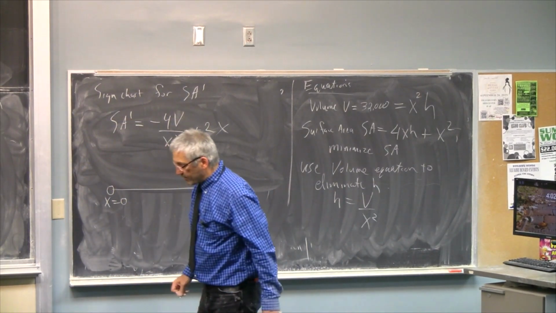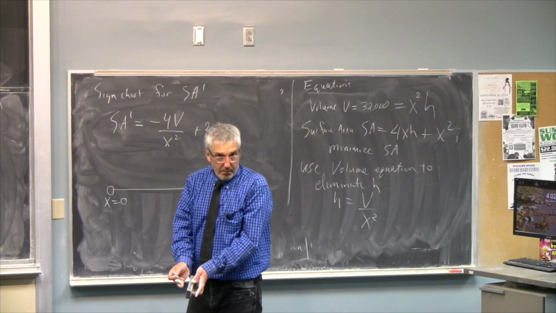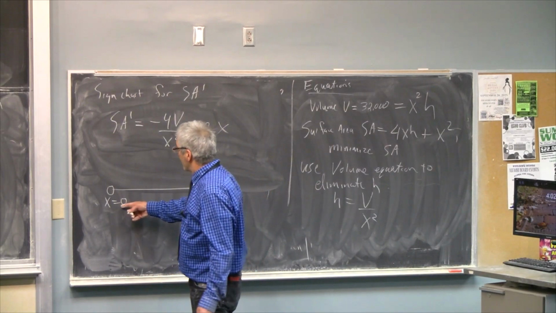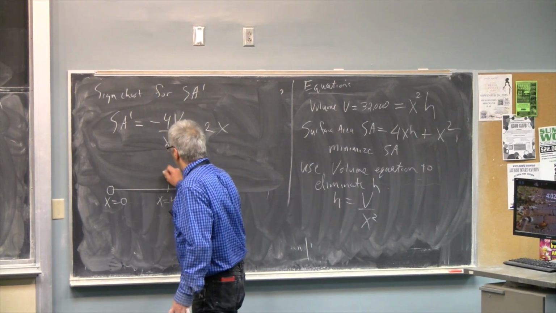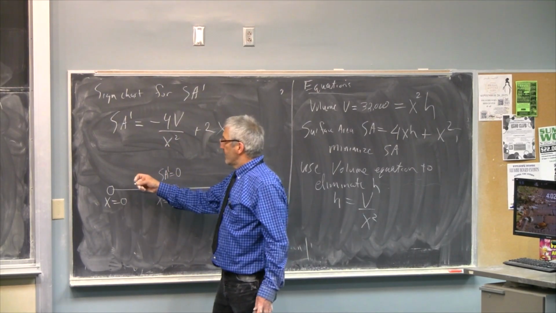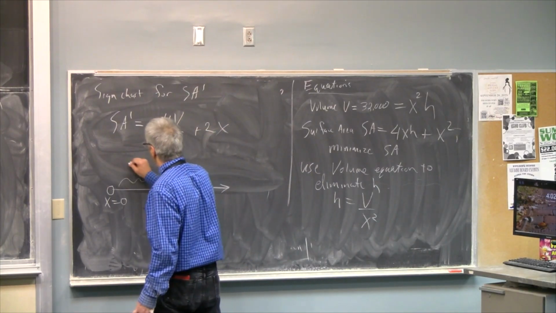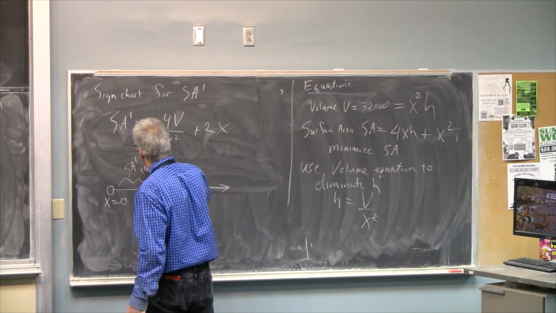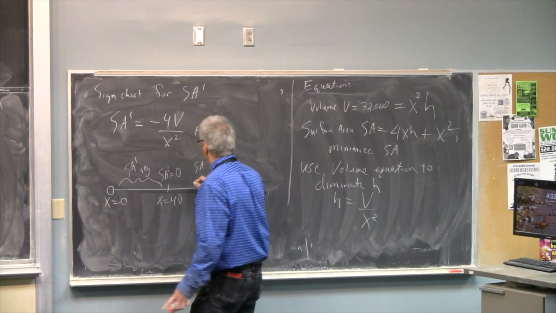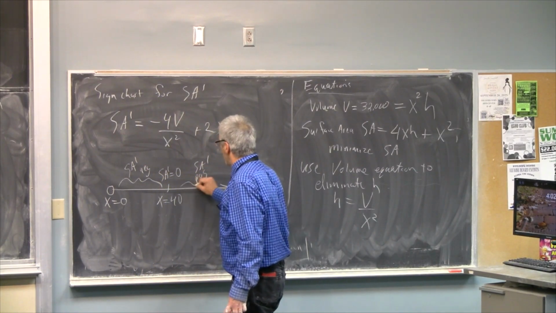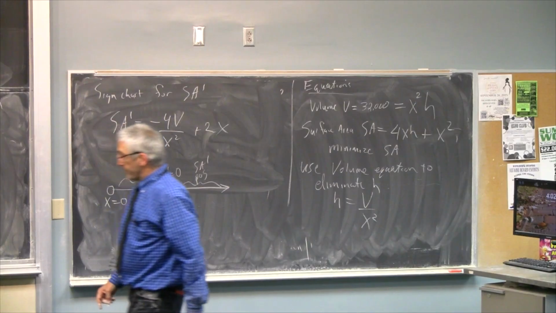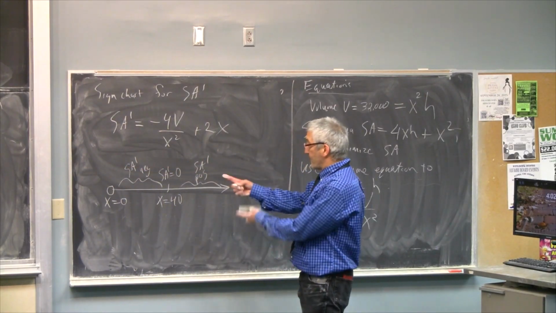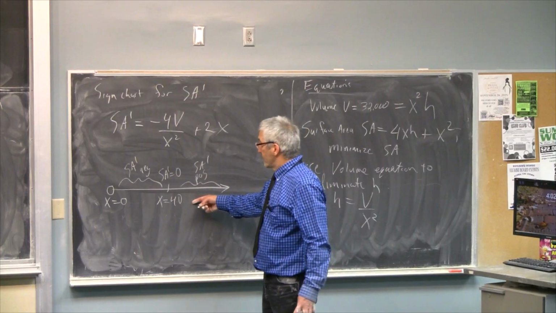You can't have a box whose base is 0. That wouldn't be a box. So x has to be greater than 0, and this critical number is x equals 40, where SA prime equals 0. If you choose sample numbers, you find out that SA prime is negative, and the surface area prime is positive out here. You'd have to actually use the formula for the surface area with that volume as the number, and it turns out that that tells us that's the location of a min.